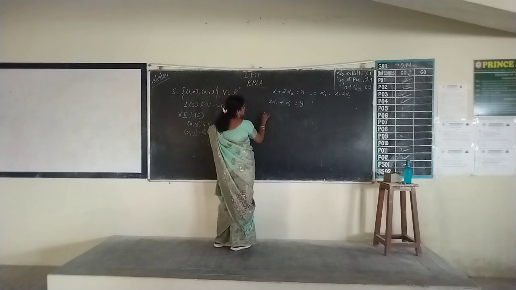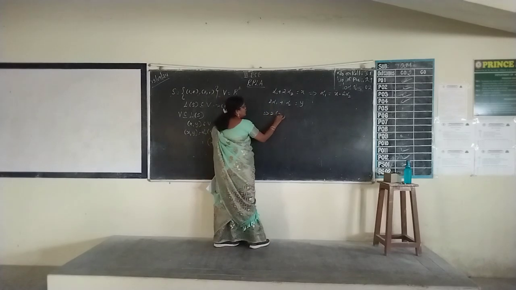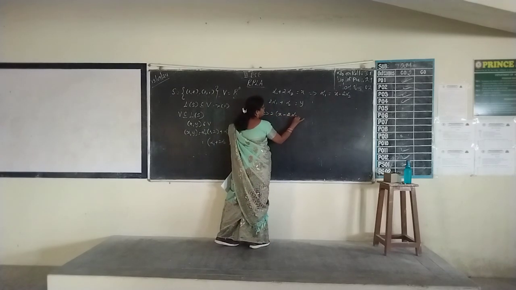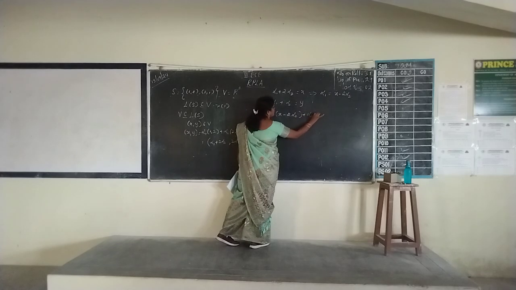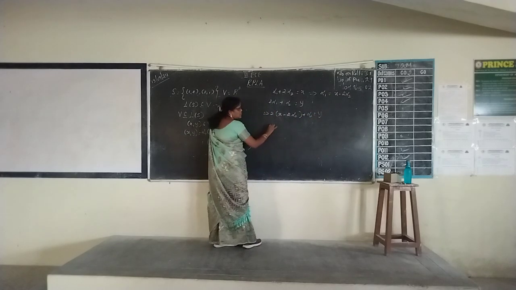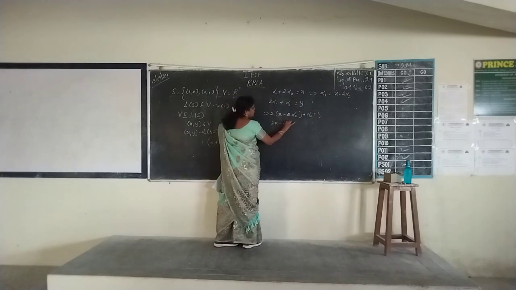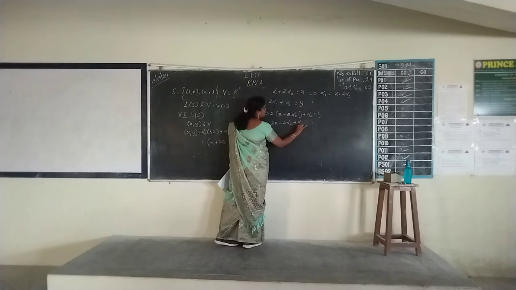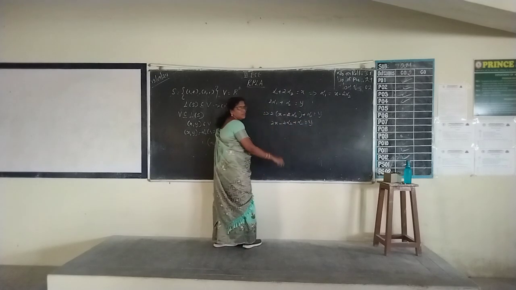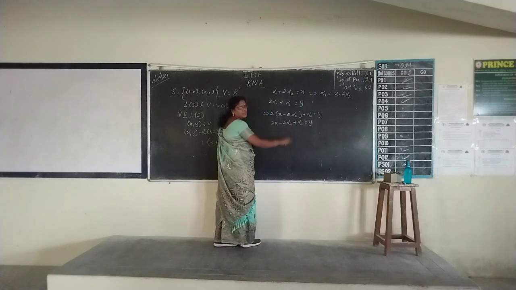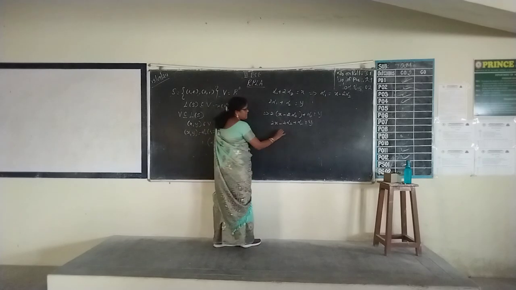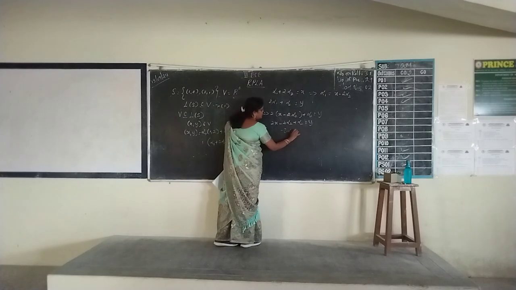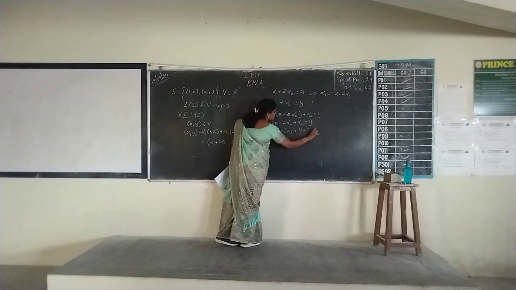Replace it here. So 2 into (x minus 2 alpha 2) plus alpha 2 is equal to y. So 2x minus 4 alpha 2 plus alpha 2 equal to y. What is minus 4 plus 1? Minus 3. So minus 3 alpha 2 is equal to y minus 2x.